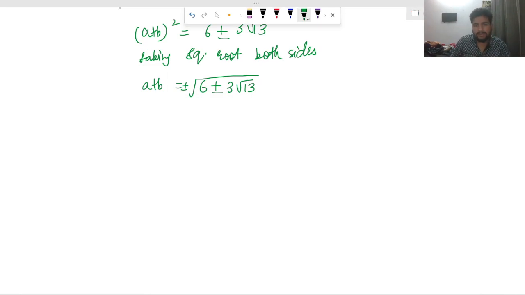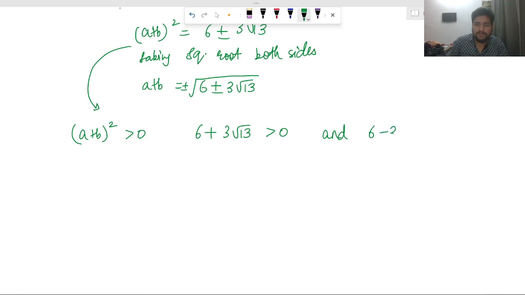Now if we go back one more step, we can say that the value of a plus b whole square must be positive. Why? Because 6 plus 3 root 13 is greater than 0, and 6 minus 3 root 13 will be less than 0. How?